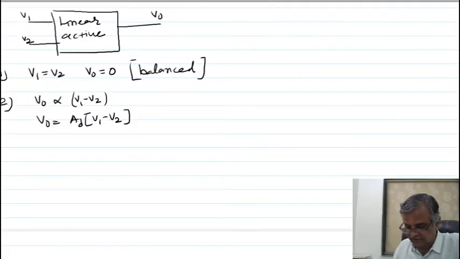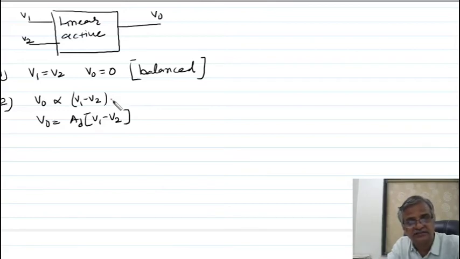multiplied by the difference of the two input signals.